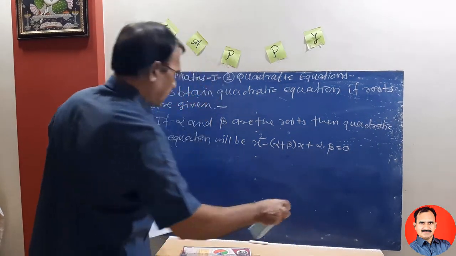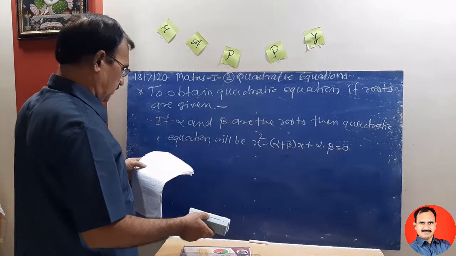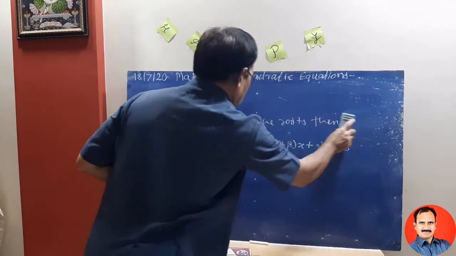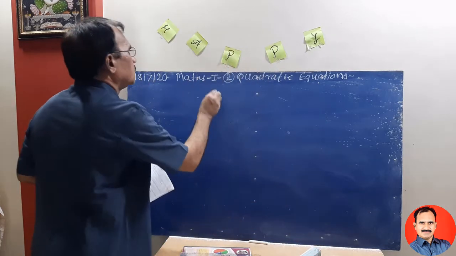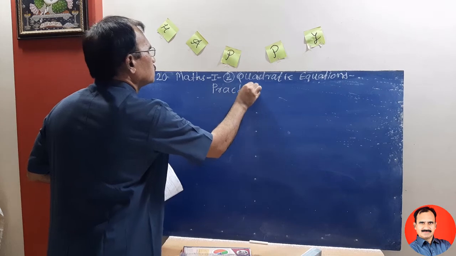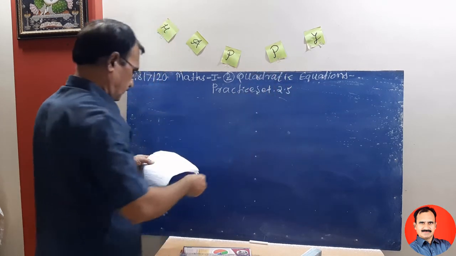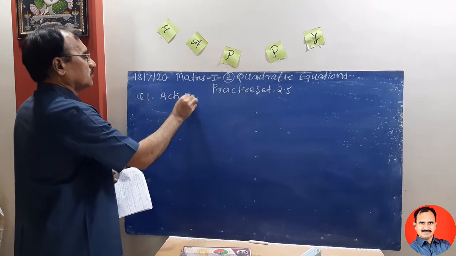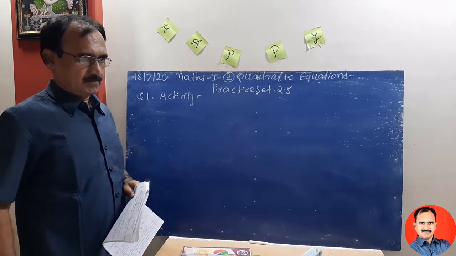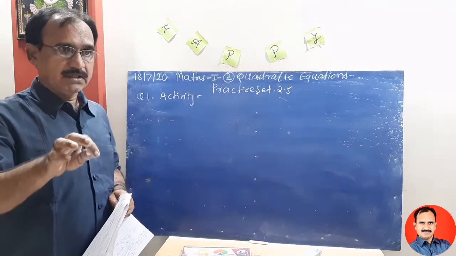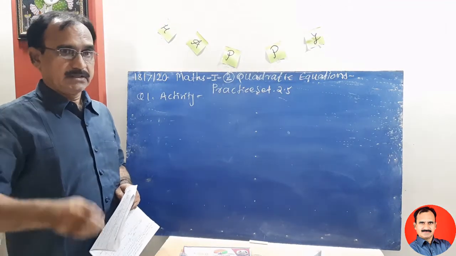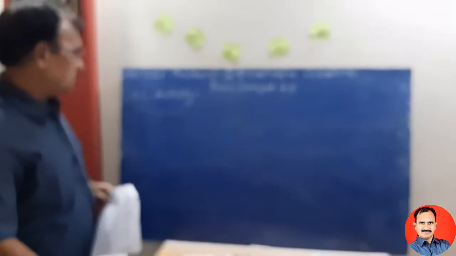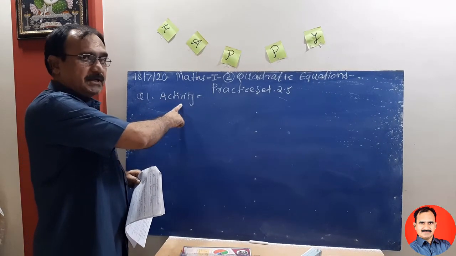Then a practice set based on this article. The next practice set will be practice set 2.5. Practice set 2.5. Question number 1. First question, there is an activity. When you watch the video, keep the textbook beside you, read what is given in the textbook, and also listen to and watch the video. In your textbook there is an activity in the first question.